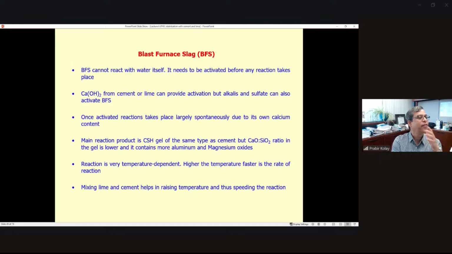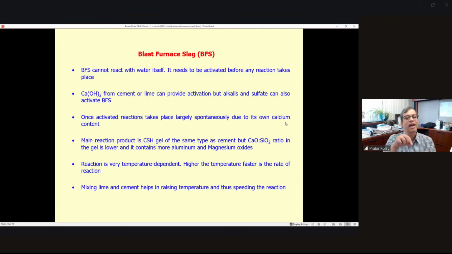Blast furnace slag cannot react with water by itself. It needs some activation. Like a pozzolanic material, calcium hydroxide from cement or lime can provide activation, but alkalis and sulfate can also activate it. Once the reaction is activated, it is largely spontaneous due to its own calcium.